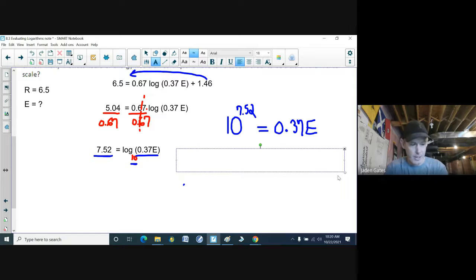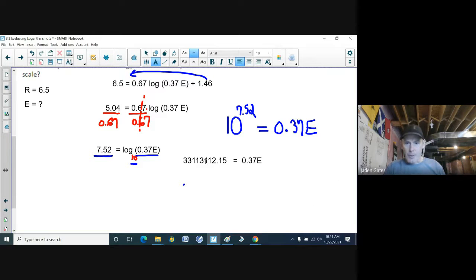I type that into my calculator, and that's a massive number. I actually get 33,113,112.15 is the number I get there. And again, that's going to equal our 0.37E. Let's put some commas in there at least. 33 million, okay. But I want to know how much energy is released.